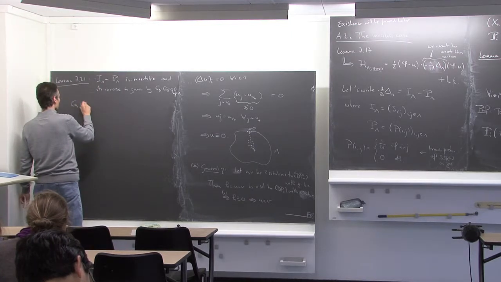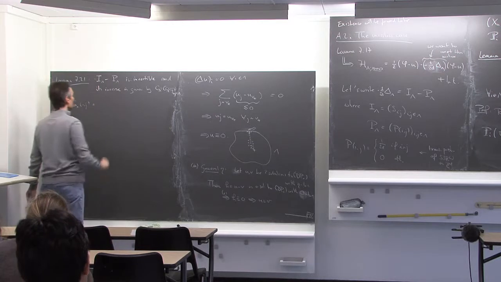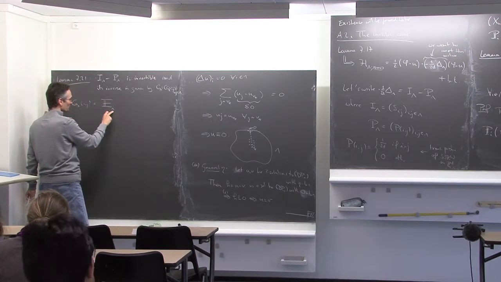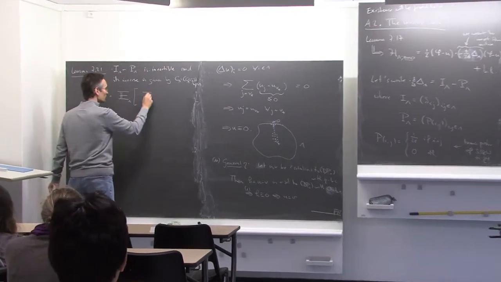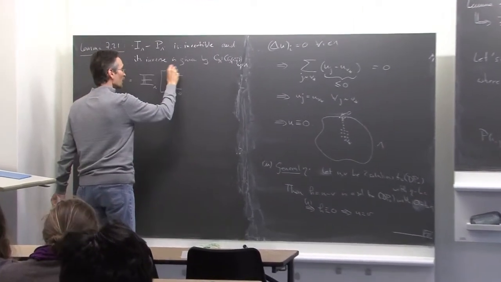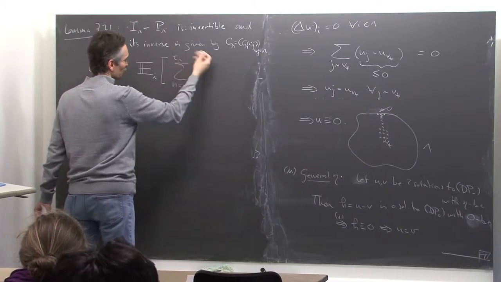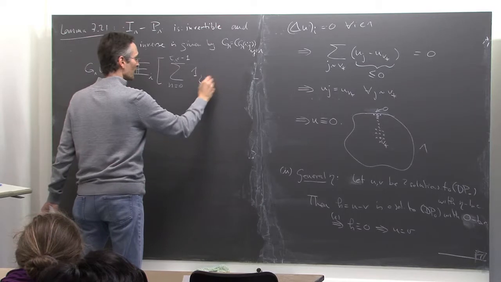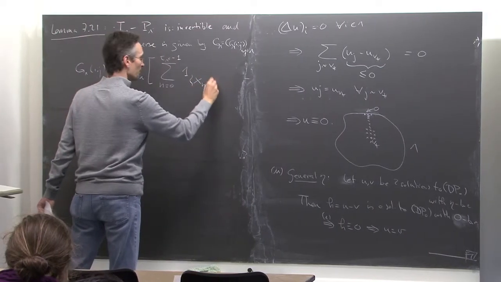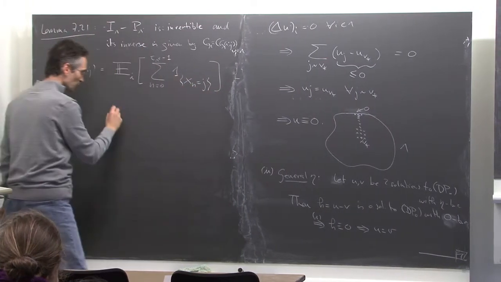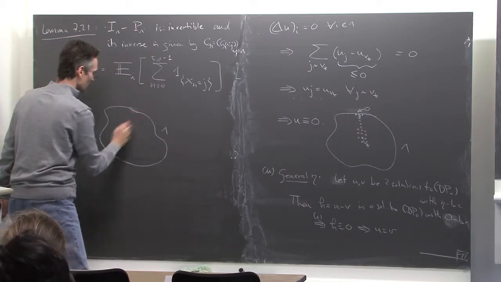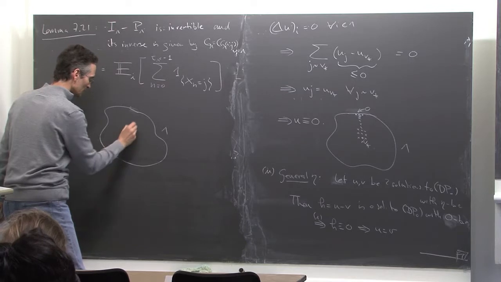G_Lambda(i,j) is the expected number of times you take your random walk, which starts from i, and let it run until it exits the box, so just before it exits the box, of the indicator that X_n is j. So what is this? It's really computing the following thing. You have Lambda, you have i somewhere, j somewhere else.